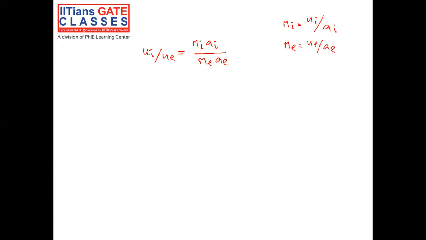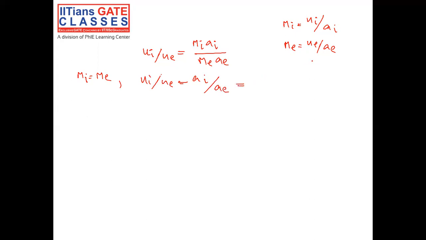This A is the speed of sound, so AI is the speed of sound at entry of the engine, and AE is the speed of sound at exit of the nozzle. For an ideal ramjet, MI equal to ME. So UI by UE basically comes as AI by AE.